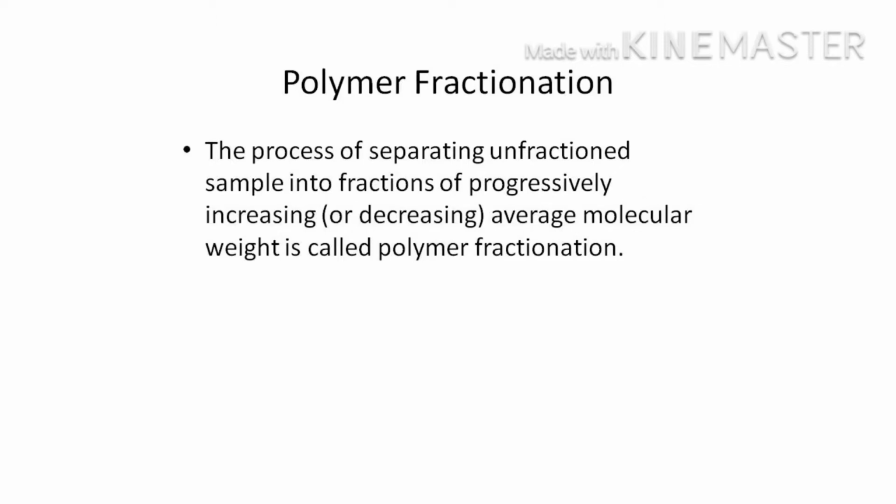Thus, the process of separating the unfractioned sample into several fractions of progressively increasing or decreasing average molecular weight is known as polymer fractionation. Different techniques are used for the fractionation of polymers, of which here we are discussing the gel permeation chromatographic technique.